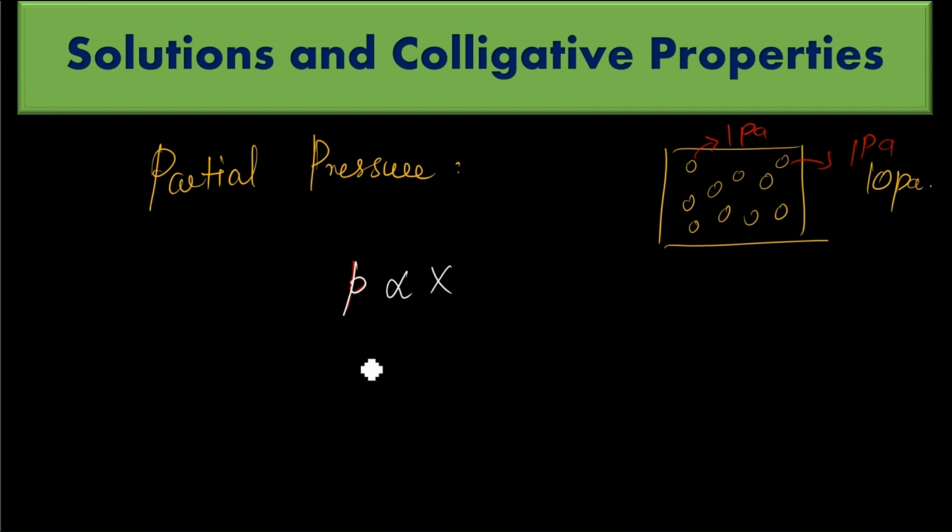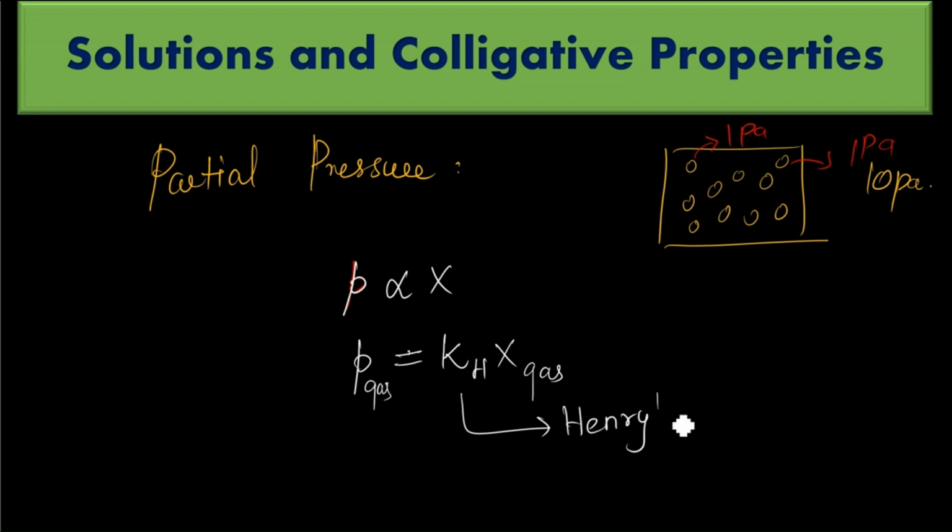To remove the proportionality, I have to remove the proportional symbol and put in a constant. So I'm going to introduce Henry's constant over here. Okay, this is Henry's constant. They will give you the value of Henry's constant, you need not worry about that.